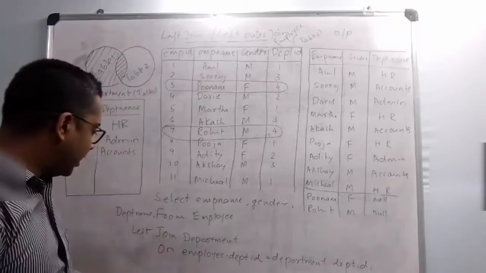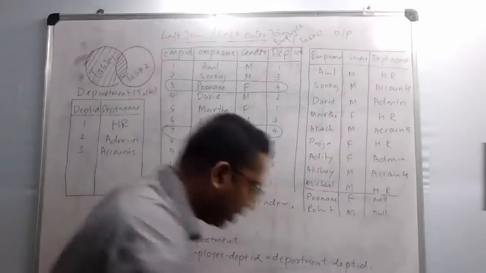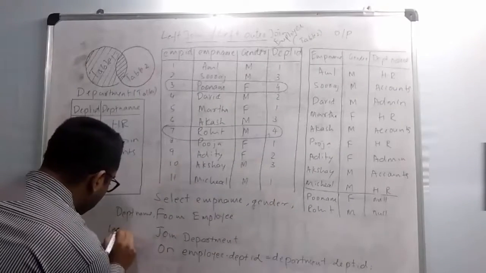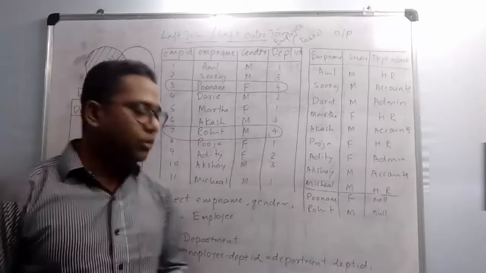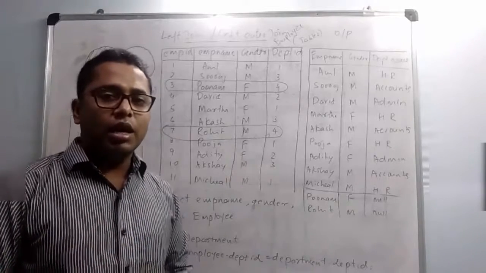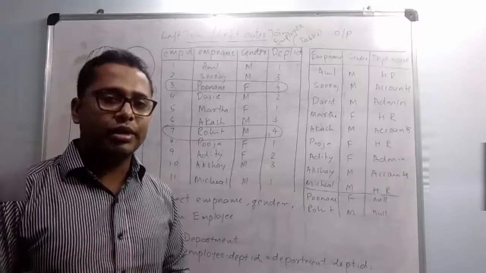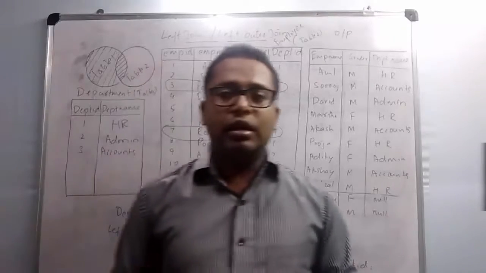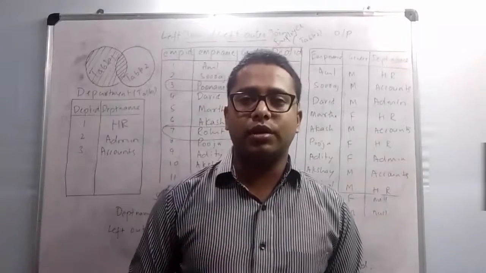I can change this left join to left outer join as well. If you use left outer join, you will get the same result. In both cases, whether you use left join or left outer join, you get the same results. So this is how you can write the query for left join or left outer join.